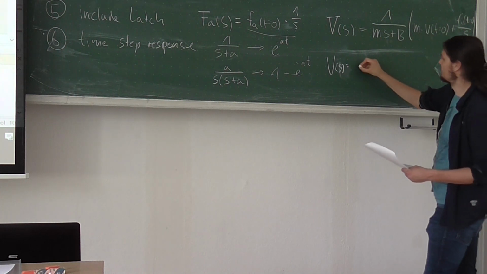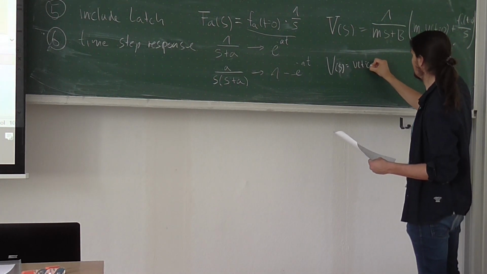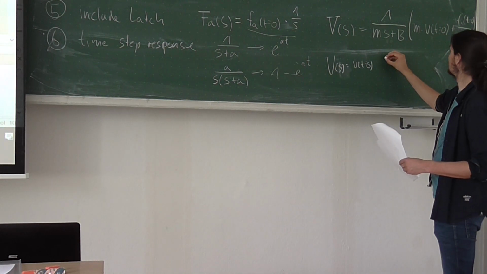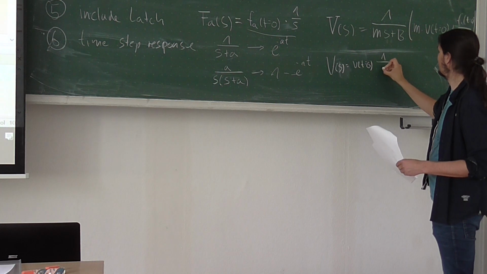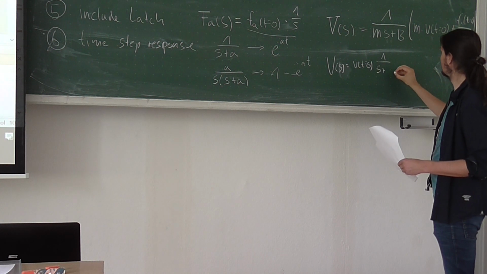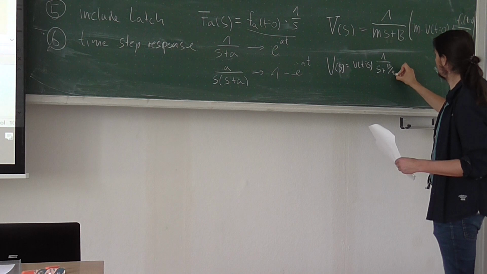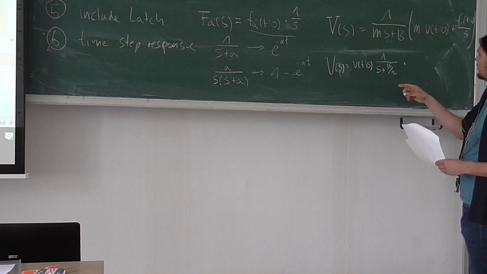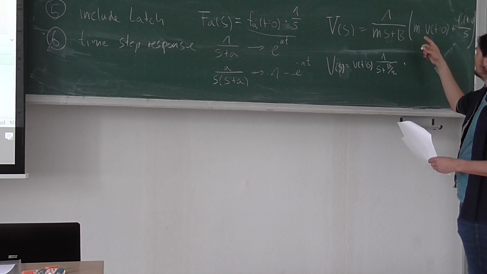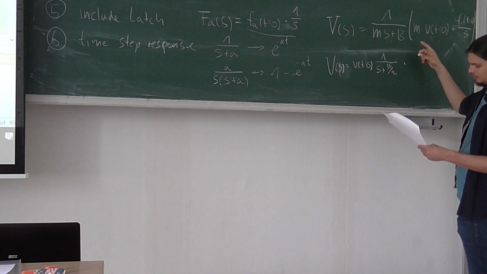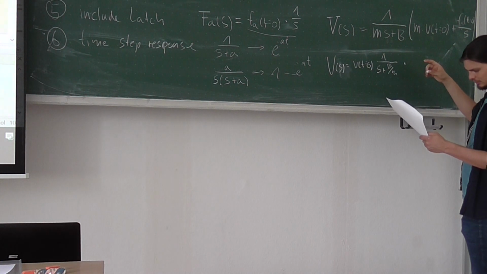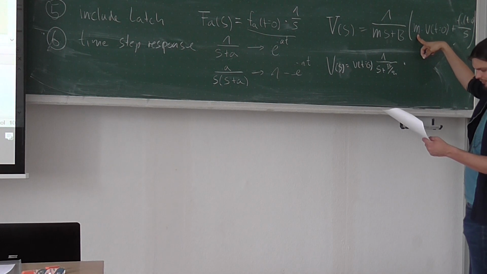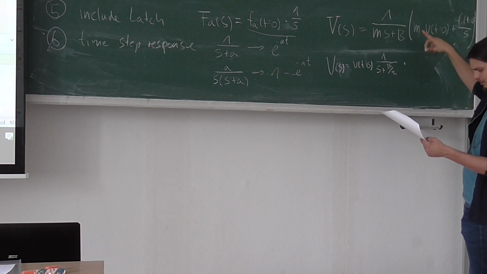First of all, we do this for m times v(0). We try to get into this format, so it will be 1 over (s plus b over m). To get there, we have to pull out the m, and that cancels with that m, so that should already be the correct formula.